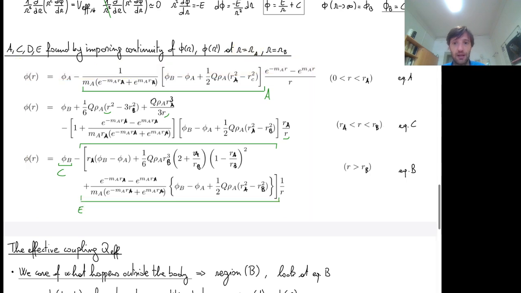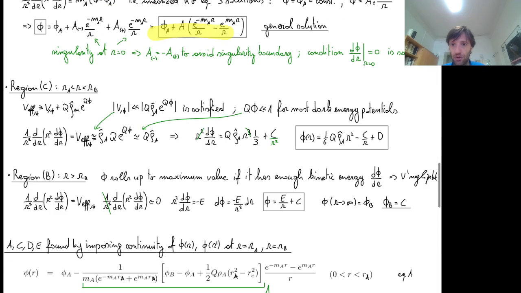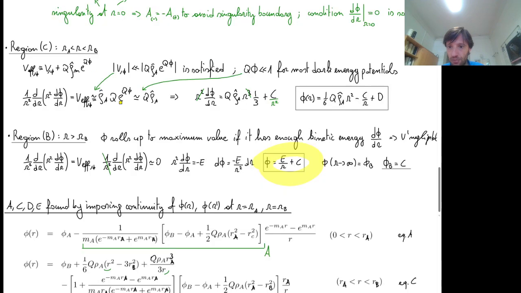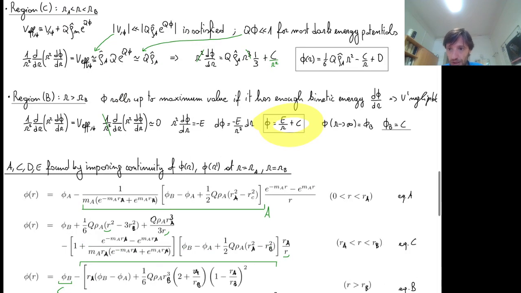Okay, so these are this very same expression 1, 2, and 3, with the constants A, C, D, E expressed explicitly. So for example, let's take this one, that's the same for the other. You see it's a constant divided by R plus C. The constant C turns out to be phi b, and just by looking for phi that goes to infinity, you get this straight away.